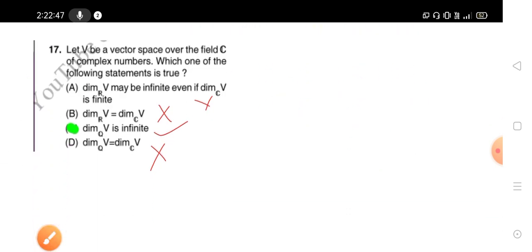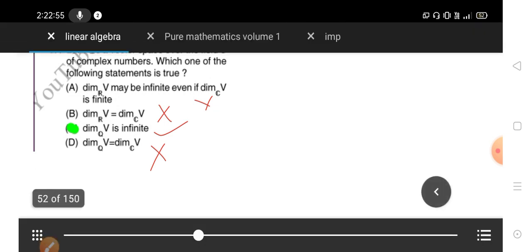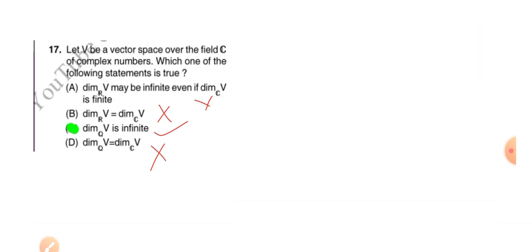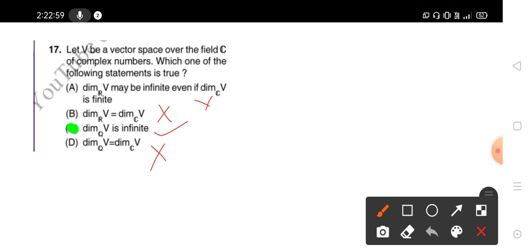Next question. Let V be a vector space over the field C of complex numbers. Which one of the following statements is true? In option A, dimension of V over R may be infinite. This is not possible. Even if dimension of V over C is finite, this is also not possible.